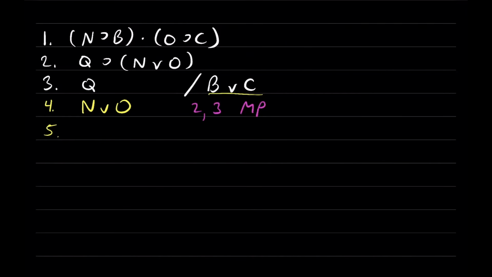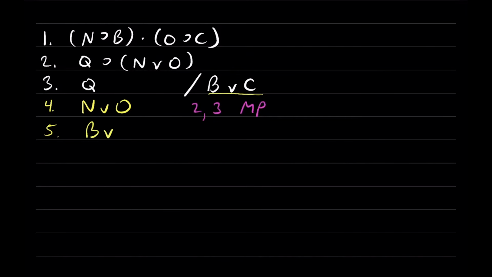Okay. What I notice next is that line 4 is a disjunction. It says either N is true or O is true. But line 1 tells us that each of those 2 terms implies something. Line 1 says that if N is true, you get B, and if O is true, you get C. So if one of those 2 antecedents, N or O, is true, obviously one of the 2 consequents, B or C, would have to be true.